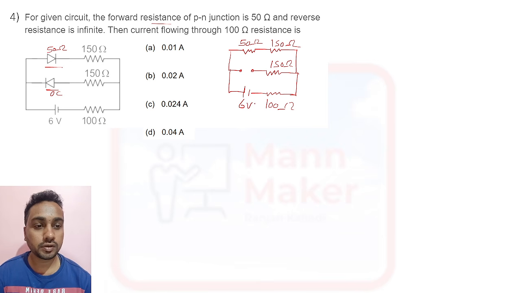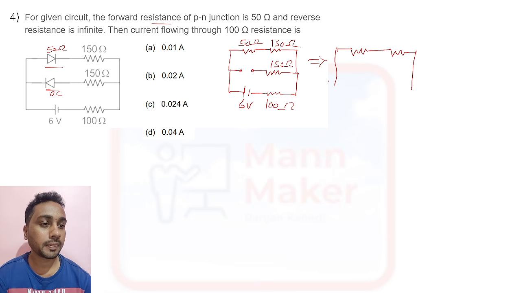Now we redraw the circuit. This is open circuit, so current will not flow here, so we can remove that one. This is 100 ohm, this is 6 volt, this is 50 ohm, and this is 150 ohm.